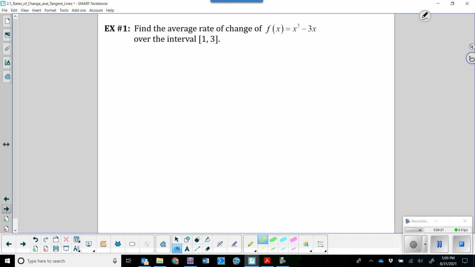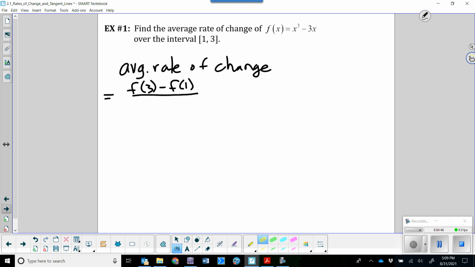So a way to find the average rate of change over an interval, we would write, so if I want to find average rate of change, is going to equal, so if I'm going to do for the function f over the interval 3 to 1, then I would write f of 3 minus f of 1 over 3 minus 1.